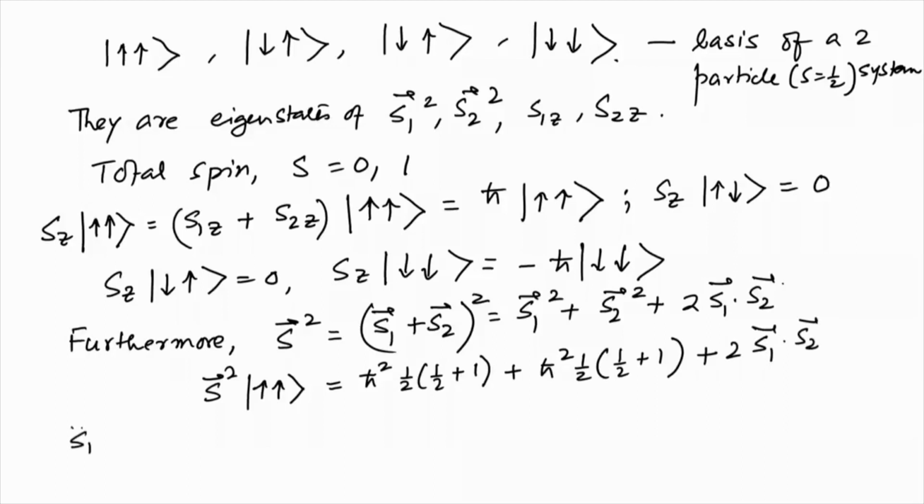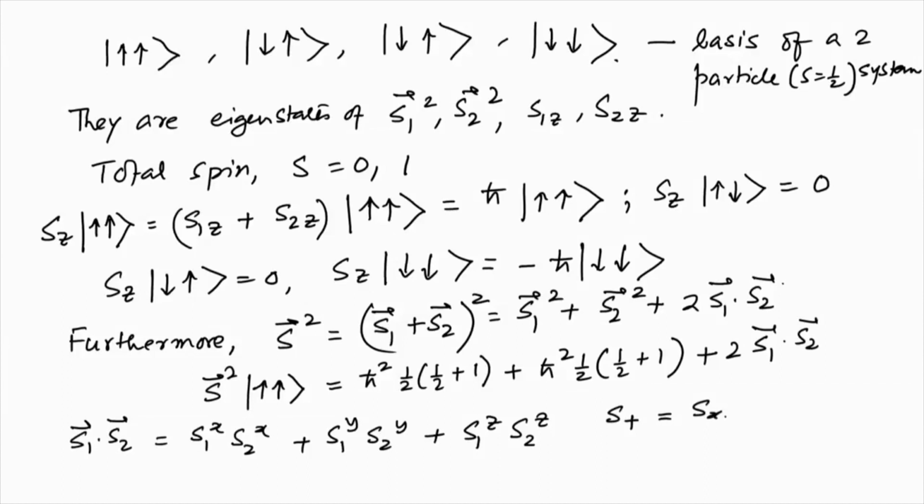Let us see what we can do for S1 dot S2. S1 dot S2 is equal to S1x S2x plus S1y S2y plus S1z S2z. Now, if you introduce the ladder operators for the spins, S plus can be written as Sx plus i Sy and S minus can be written as Sx minus i Sy.